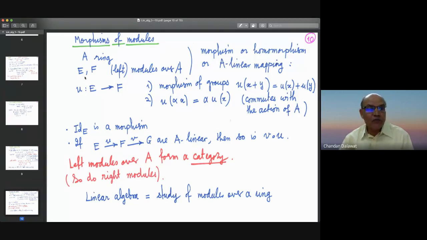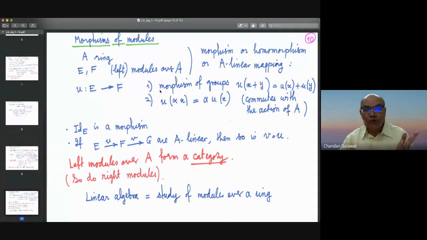So a morphism of modules is a mapping U from E to F. It should satisfy two conditions. First of all, it should be a morphism of groups. E and F are, of course, groups to begin with. Before being modules over the ring A, they are commutative groups for addition.